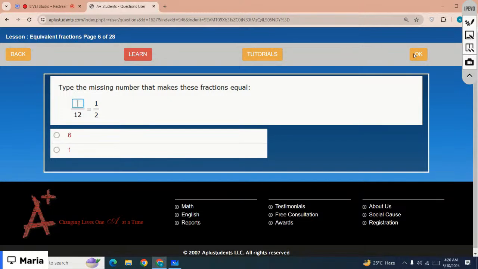The correct option is 6. That is 6 over 12.